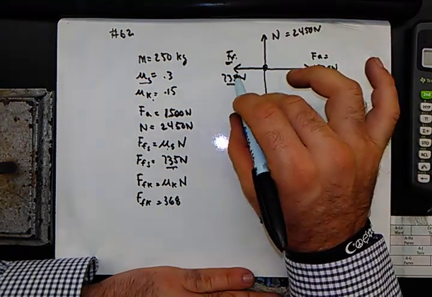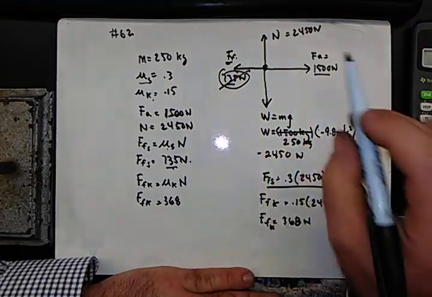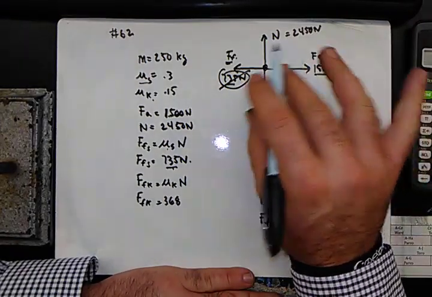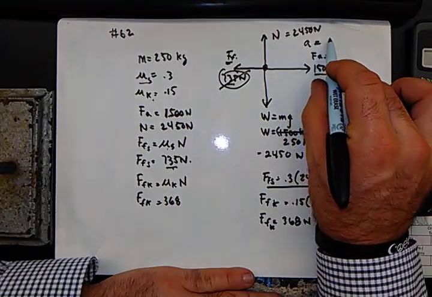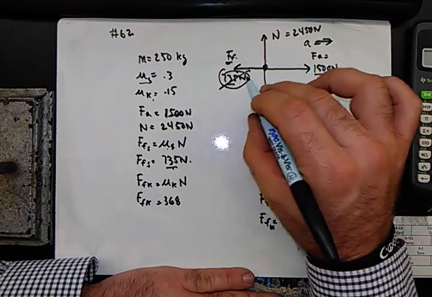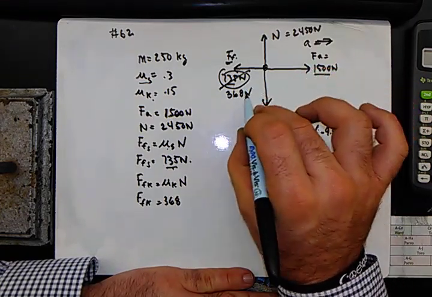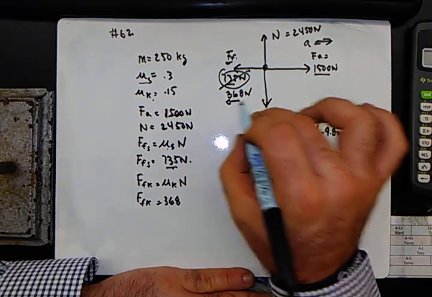So force of friction kinetic is 368. This 735 is no longer useful. We know that that's what it takes to break it. But in reality, as this is accelerating this way, its kinetic friction is going to be 368 newtons that way.